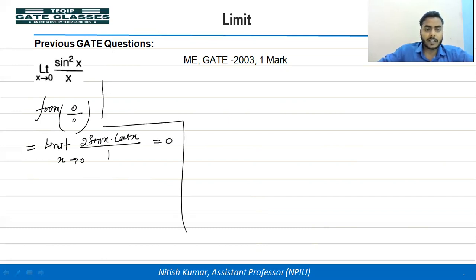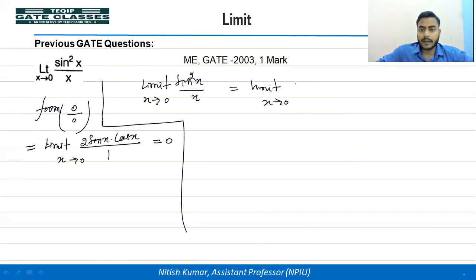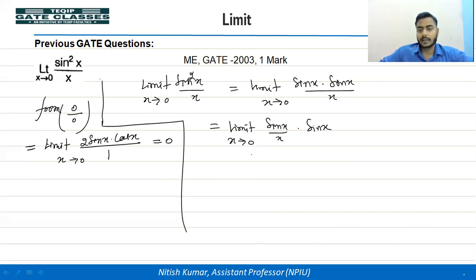Or directly you can calculate in this way also. The limit of sin square x divided by x as x tends to 0. See, sin square, so you can write sin x into sin x divided by x. Or you can write limit x tends to 0 of sin x divided by x into sin x.